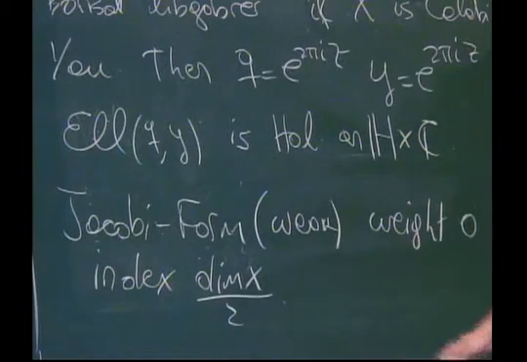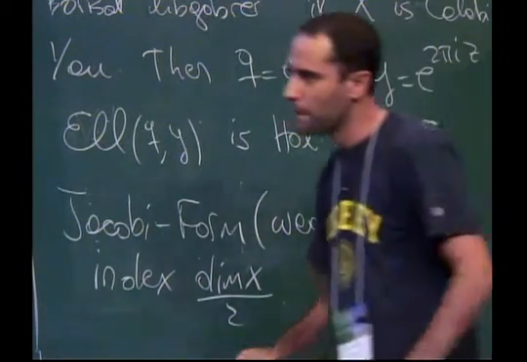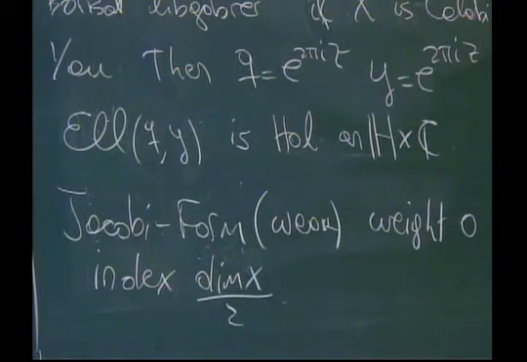And this just means for us that they have some modular properties when you act by SL2Z on the variables tau and z. We're not going to need this.